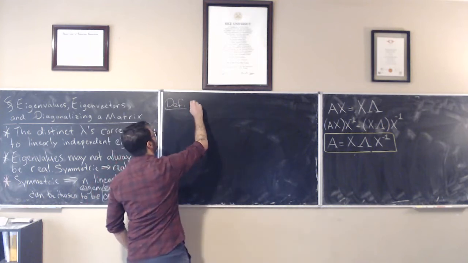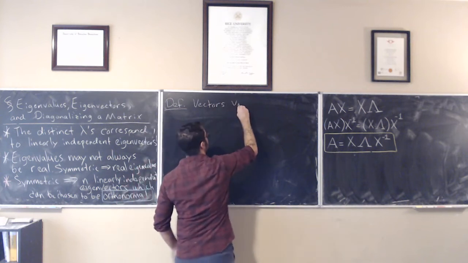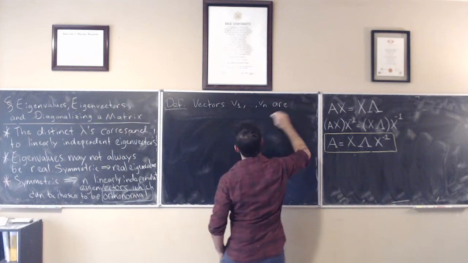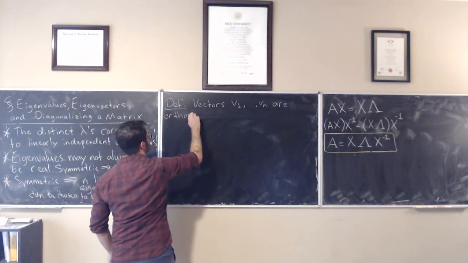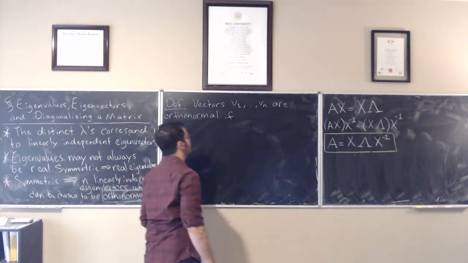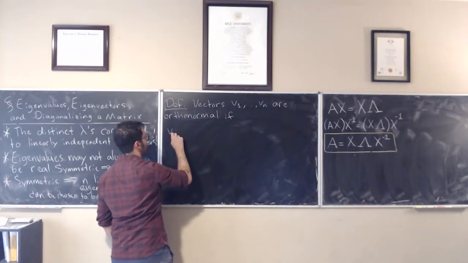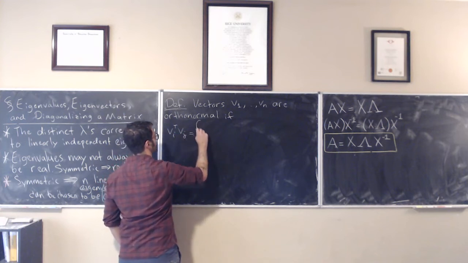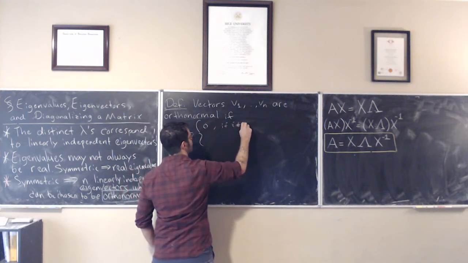Definition: vectors v1 through vn are orthonormal if vi transpose times vj is equal to 0 if i is not equal to j.